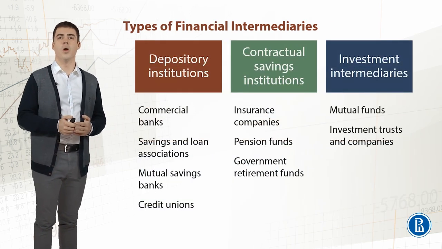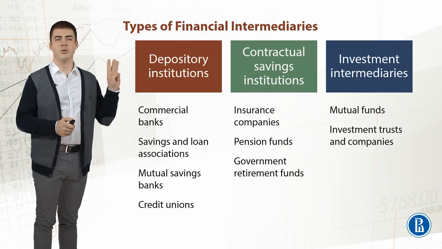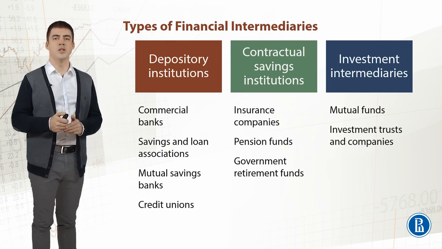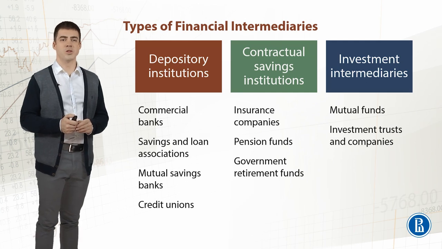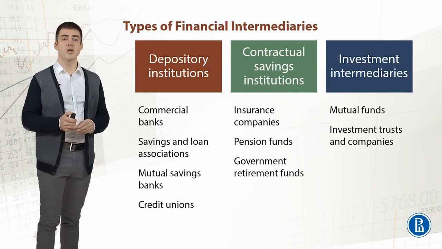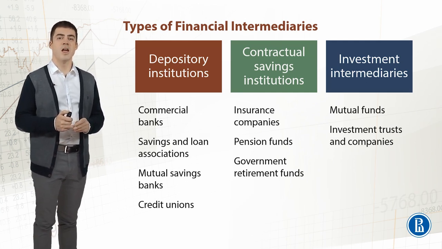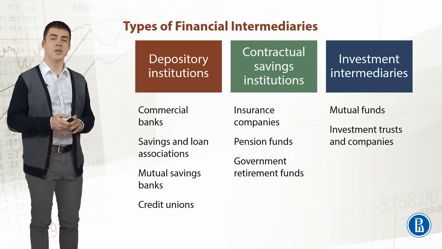In general, we can distinguish between three types of financial intermediaries. They are generally called depository institutions, contractual saving institutions, and investment intermediaries.